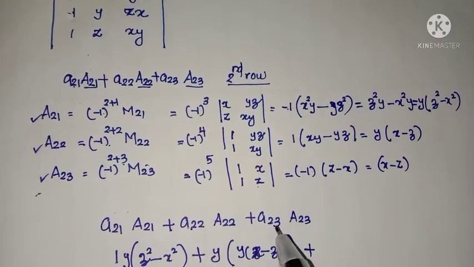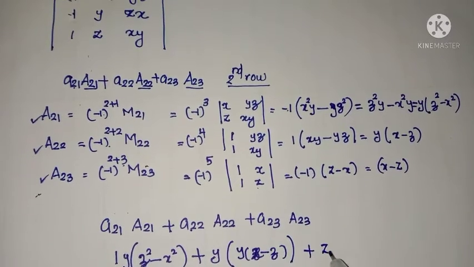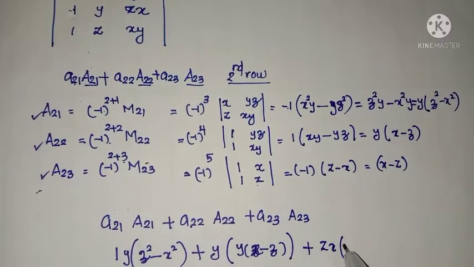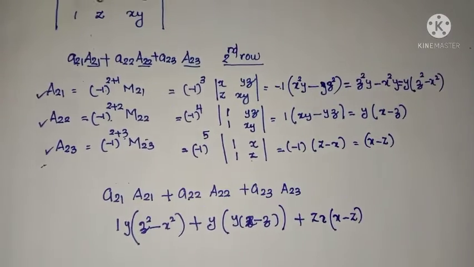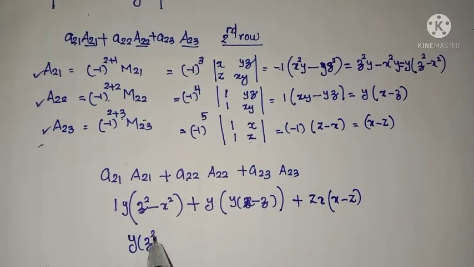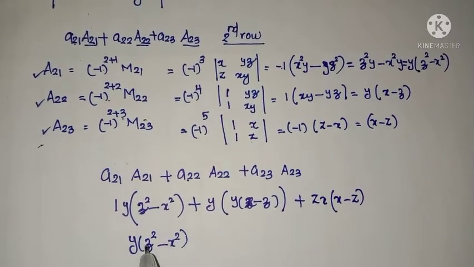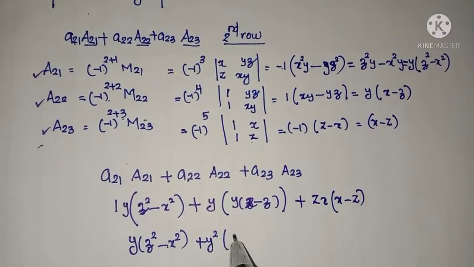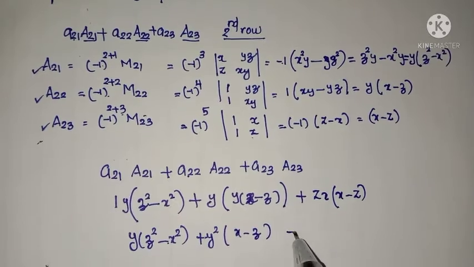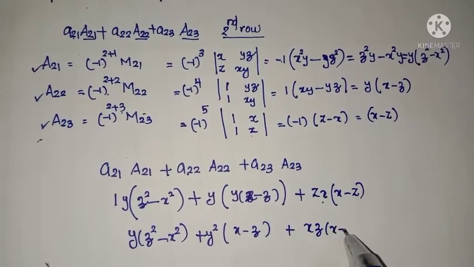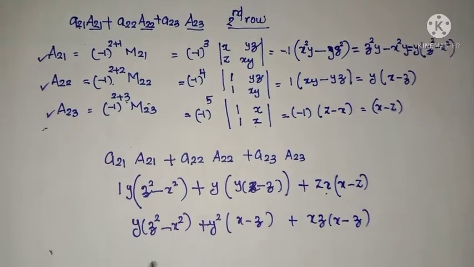A23 means the second row third element, that is zx, into cofactor of A23 is x minus z. So this is y into x square minus z square minus x square plus y square into x minus z plus xz into x minus z.